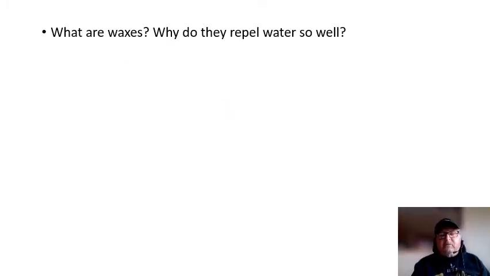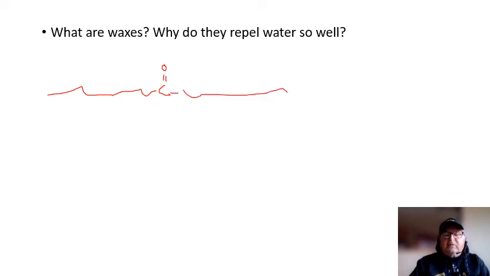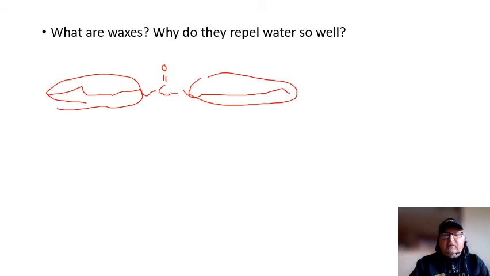Okay, so briefly let's talk about waxes. Waxes are esters. They have a long chain alcohol part, and then they'll have a carboxylic acid part here. The key thing about waxes is they have lots of carbons on both sides of this thing.